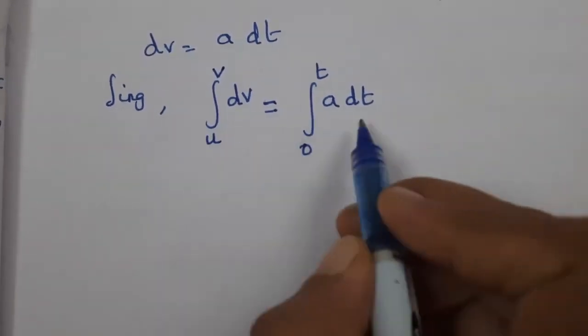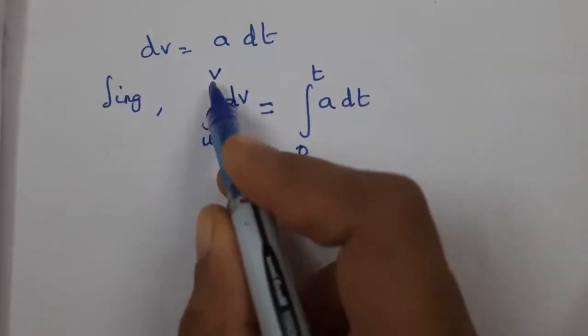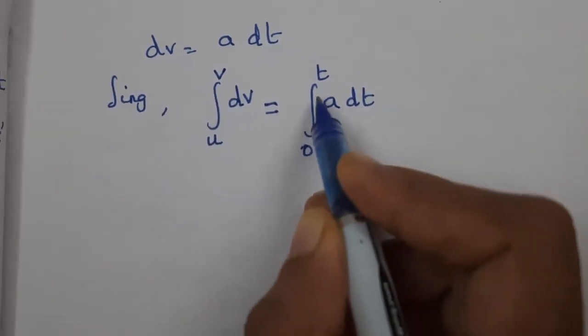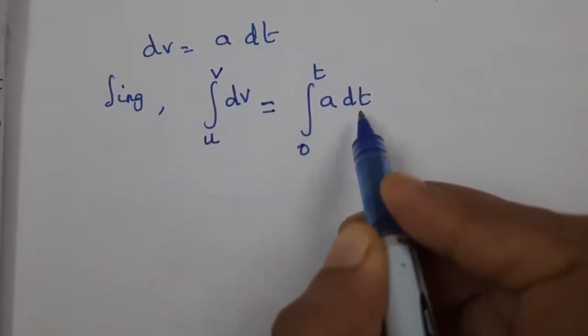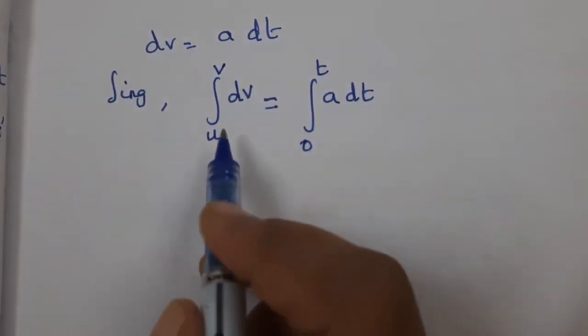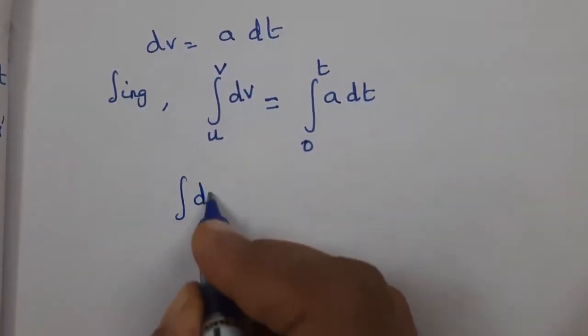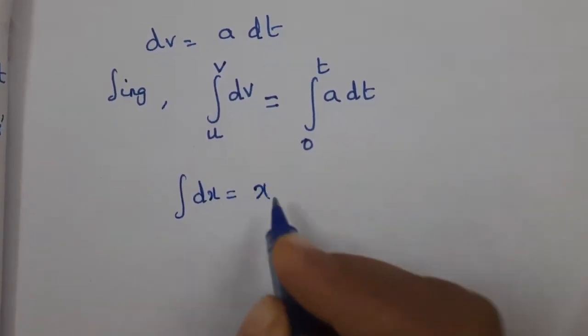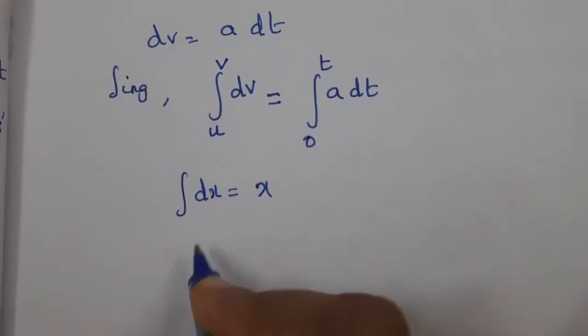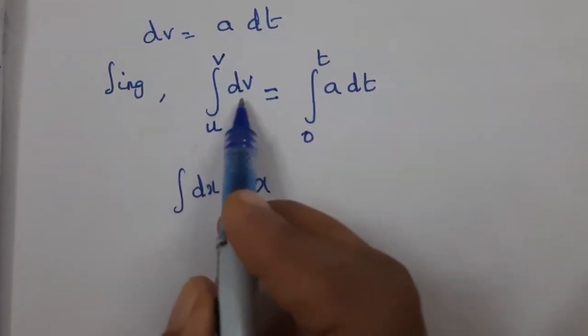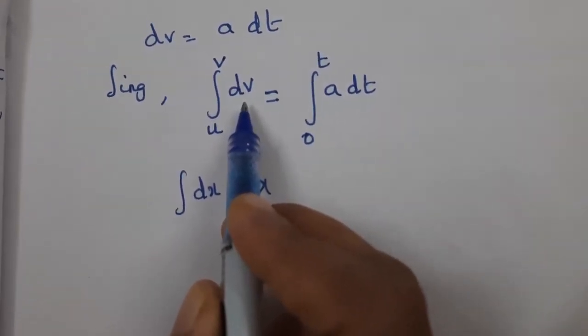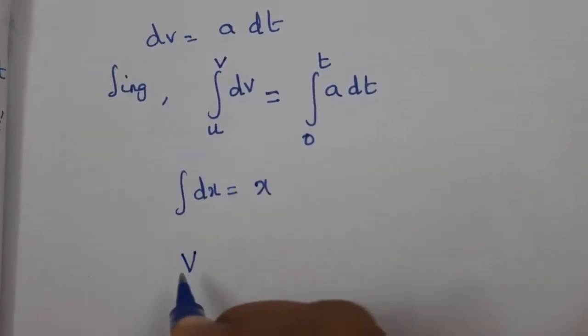So, for constant acceleration, integral u to v dv is equal to integral 0 to t a dt. Now, integration of dx equal to x. This is the integration formula. So, what do you mean by integration of dv? That is equal to v.